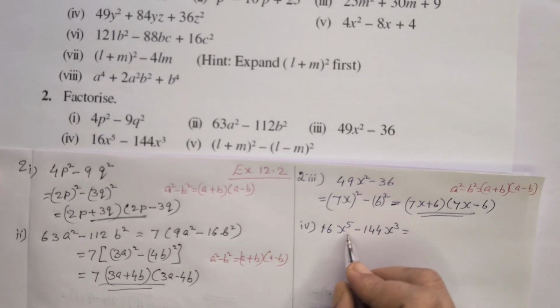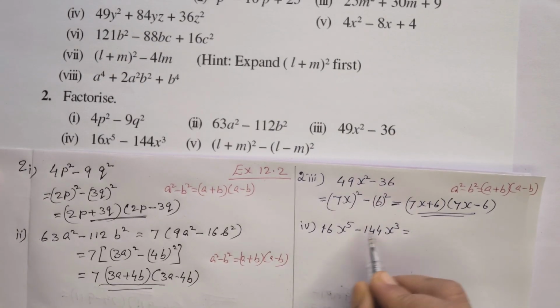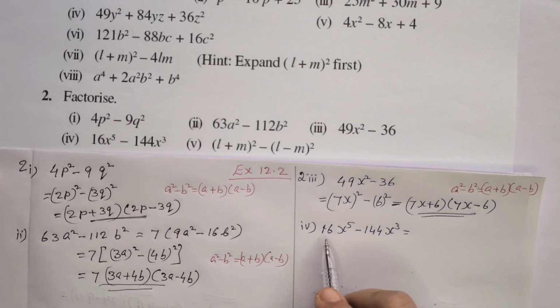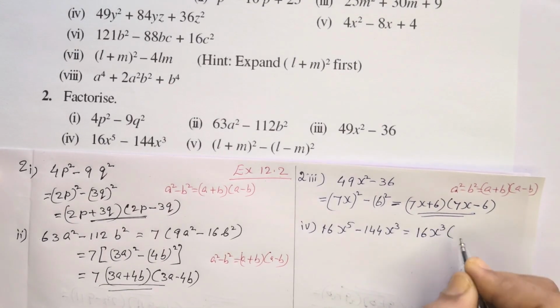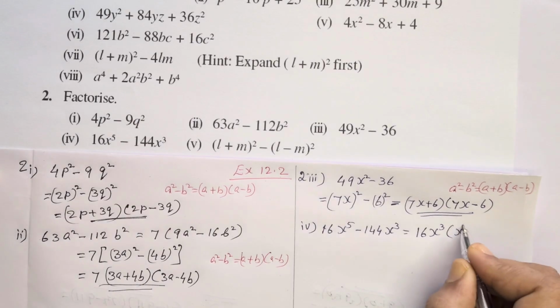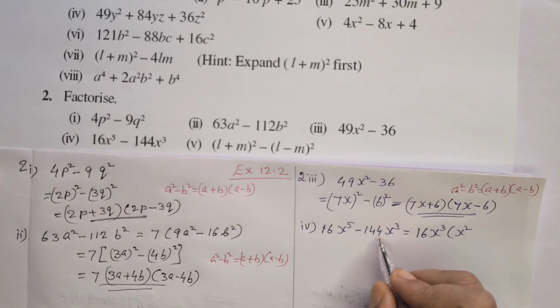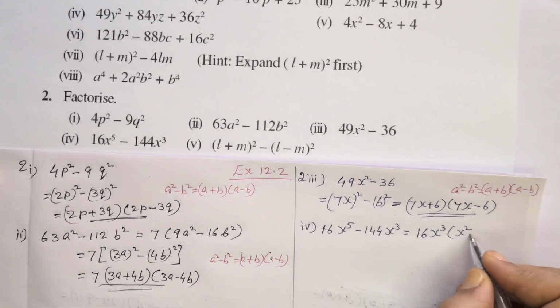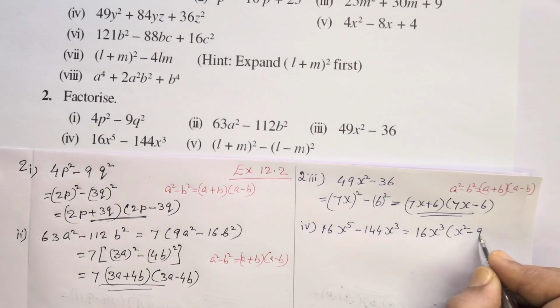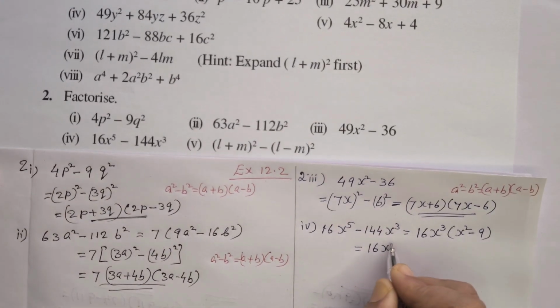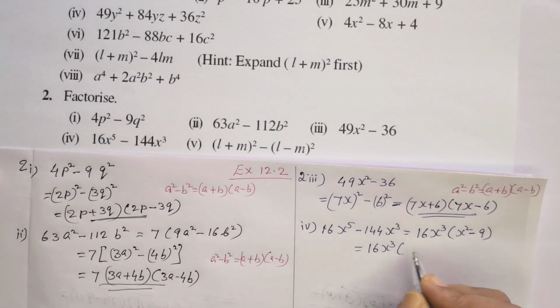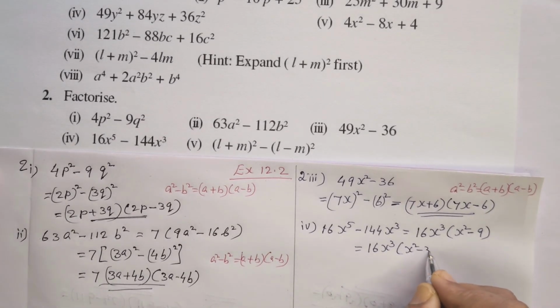Or 16x cube also we can take as common. If you are taking 16x cube as common, here x square minus, in 144 it is 9 times 16. So x square minus 9 will come, which means 16x cube into x square minus 3 square.